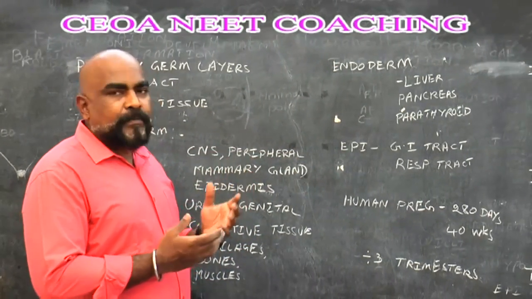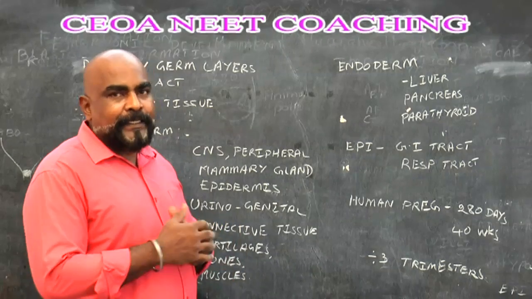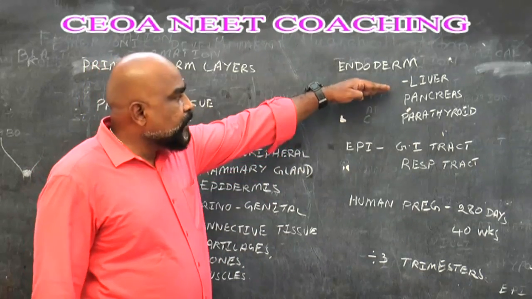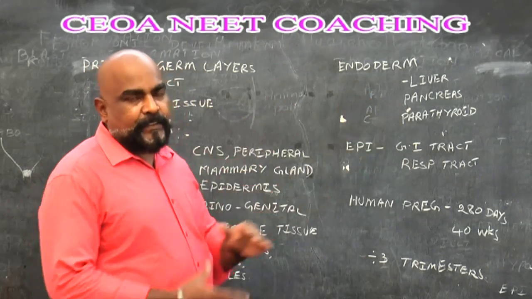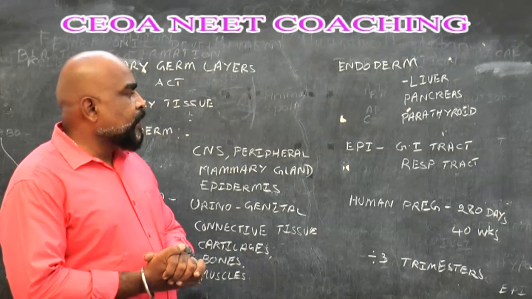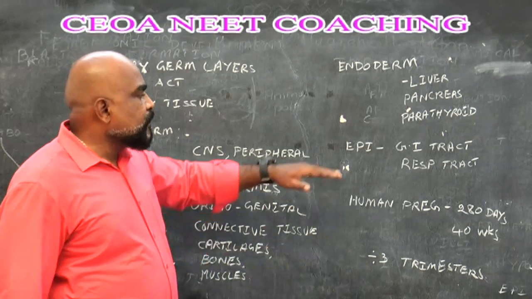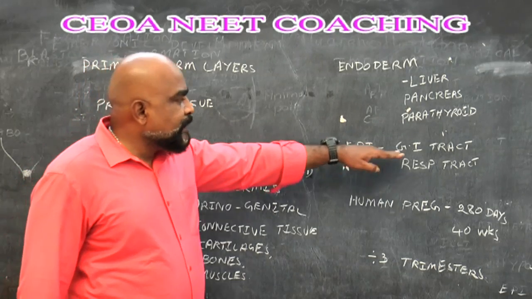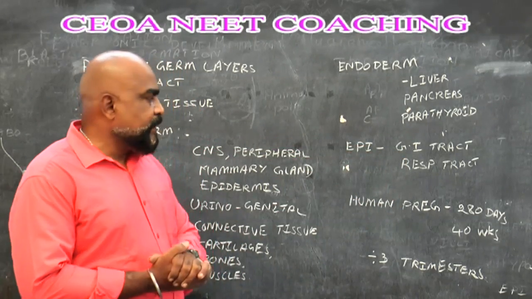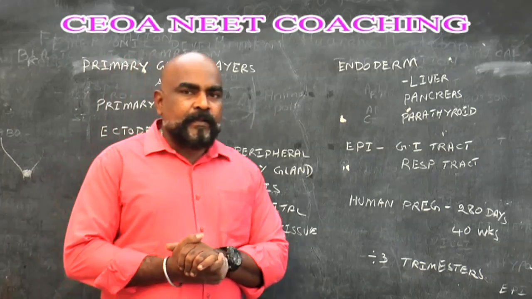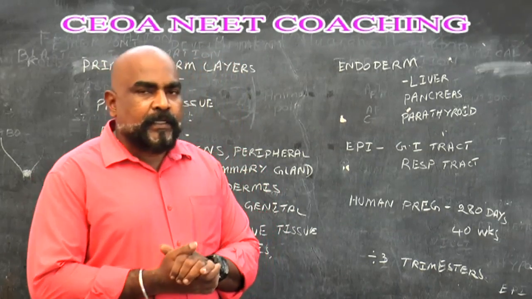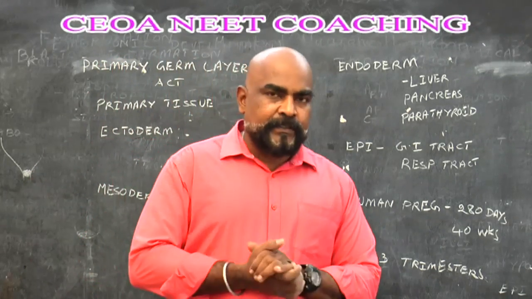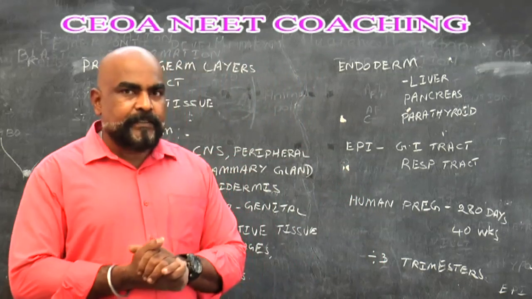So the endoderm gives rise to all the internal organs like liver, pancreas and parathyroid. And it also gives rise to the epithelium of the GI tract as well as the respiratory tract. So now we have seen the development of the 3 primary germ layers.